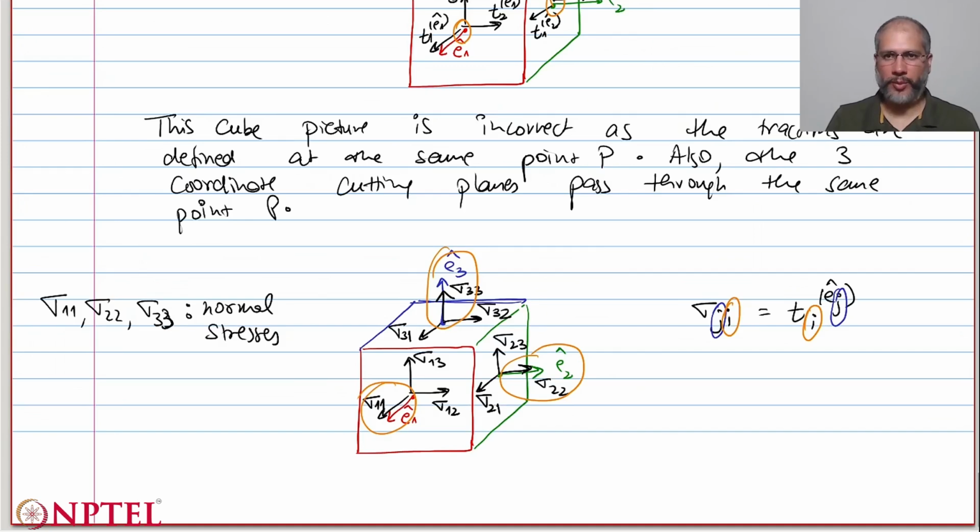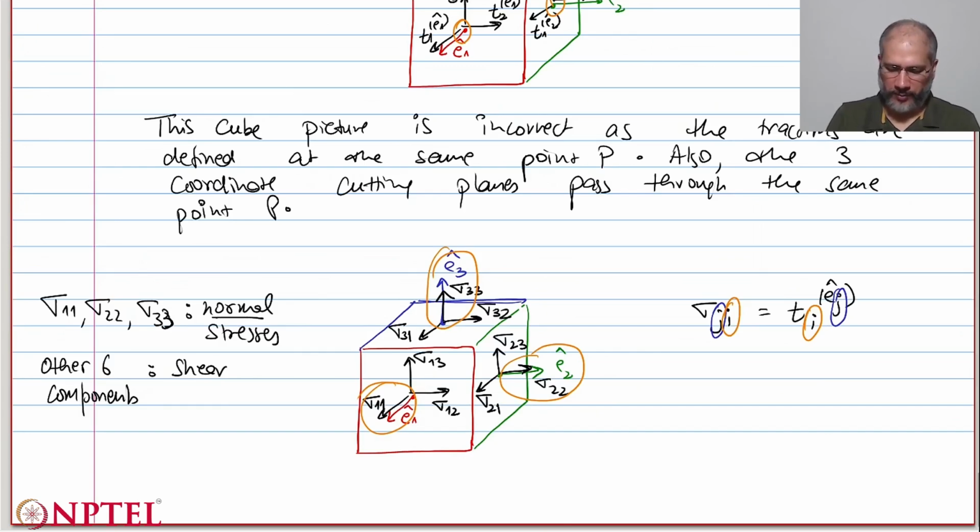And the other 6 components, that is sigma 1 2, sigma 1 3, sigma 2 1, sigma 2 3, sigma 3 1, and sigma 3 2, are all shear stresses, because they act in the plane on which the traction is acting. So they create some sort of a shearing on the plane. We'll discuss more about it, but this is a terminology that we must remember.